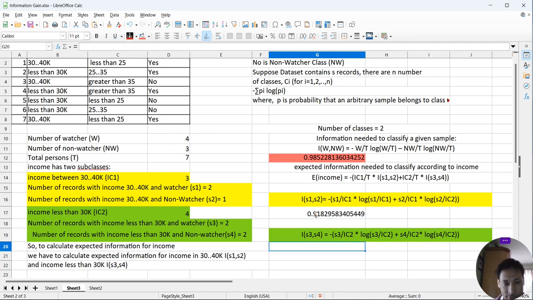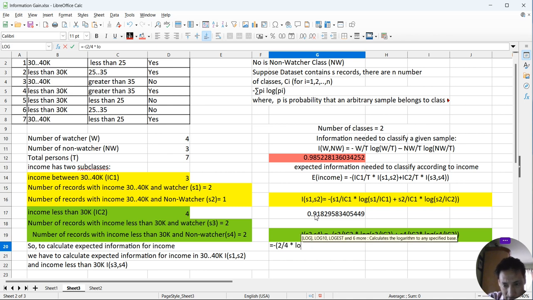Similarly, we have to calculate for another subcategory of income, that is income less than 30,000. So let's insert values. The value of S3 is equal to 2, number of IC2, the value of IC2 is equal to 4.